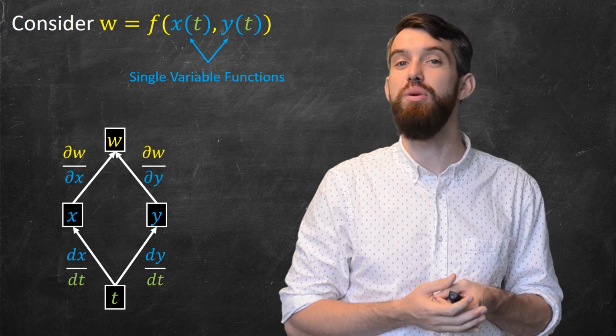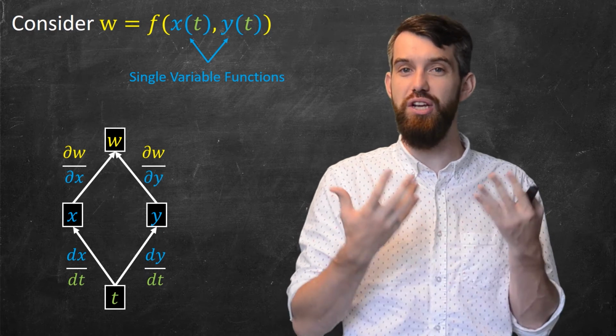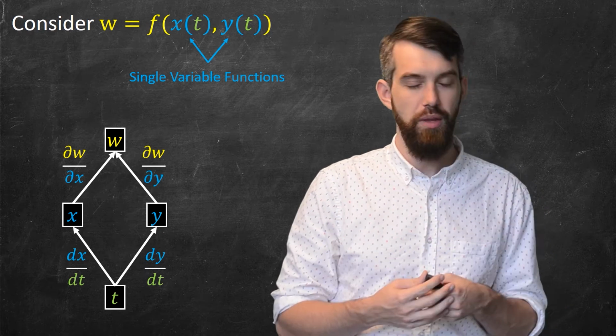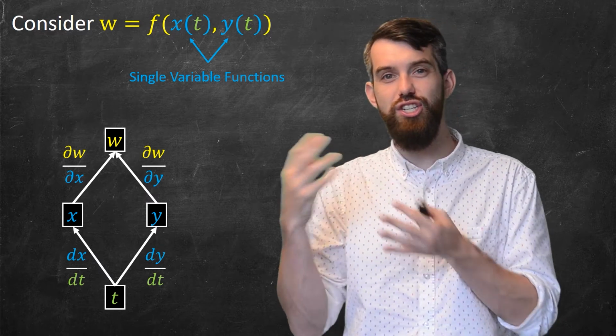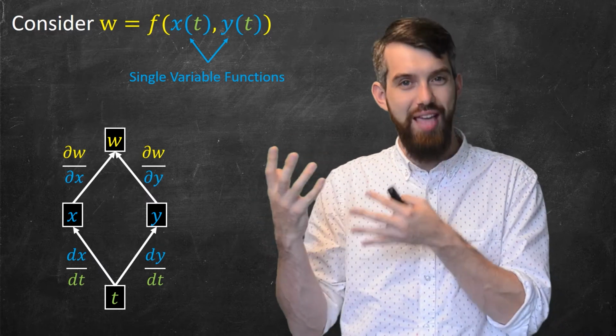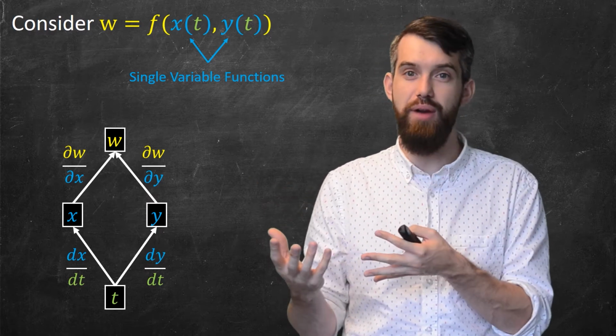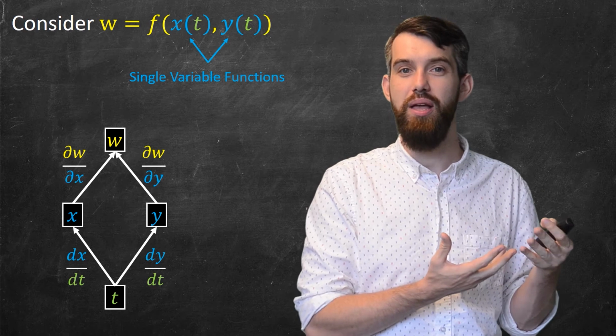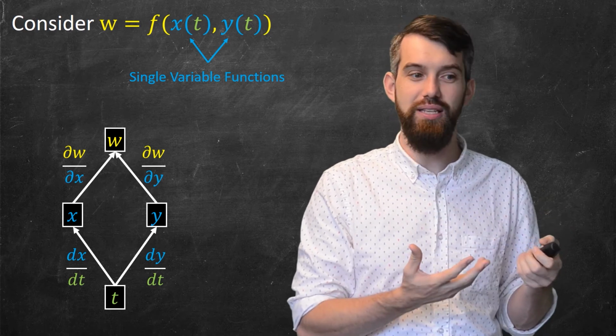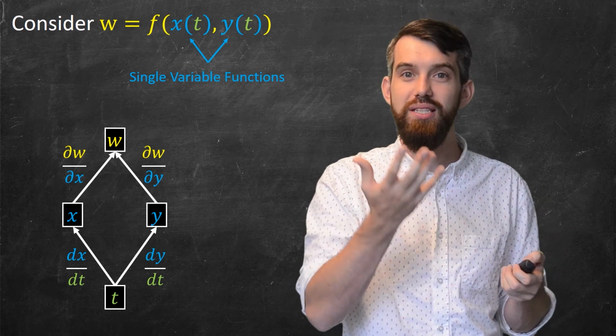Likewise, ∂w/∂y tells you the rate of change of w with respect to y. So, in other words, my w is depending on changes that come about going through the x branch of this dependency diagram, and changes that come about going through the y branch of this dependency diagram. So the final answer is very analogous to the chain rule, but it's a sum of two things.